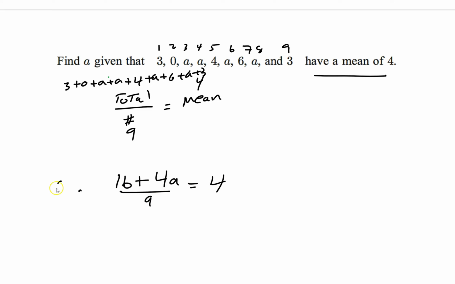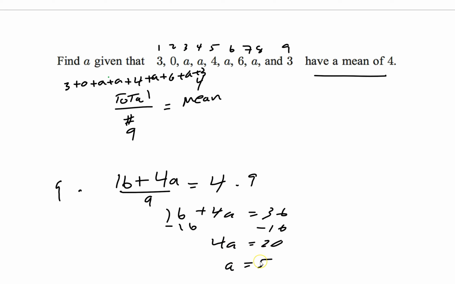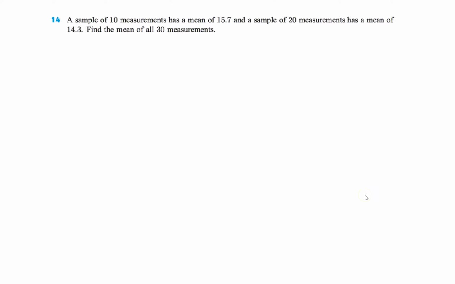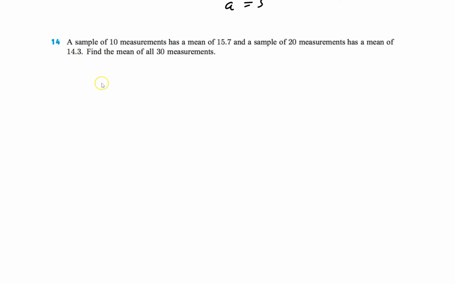Multiply both sides by 9. You get 16 plus 4A equals 36. Minus 16. 4A equals 20. So A equals 5. Pretty straightforward.